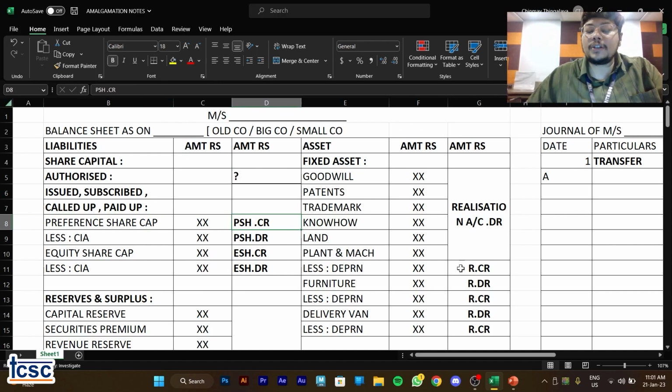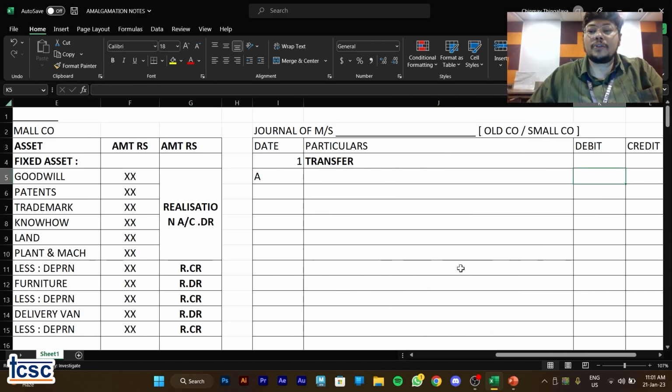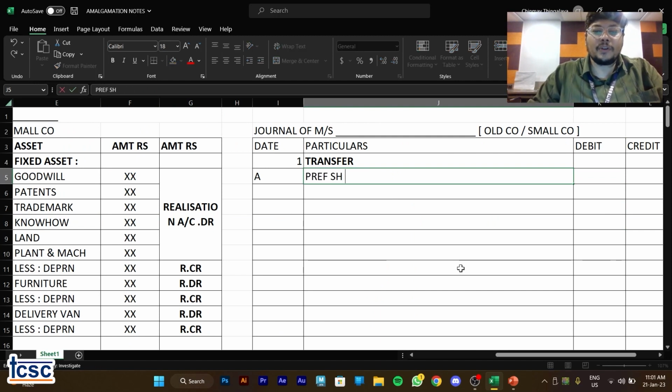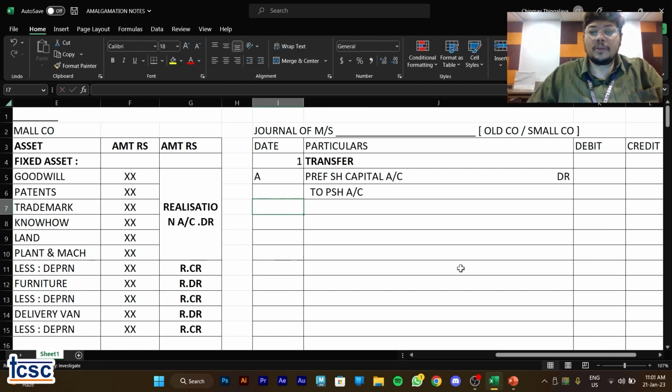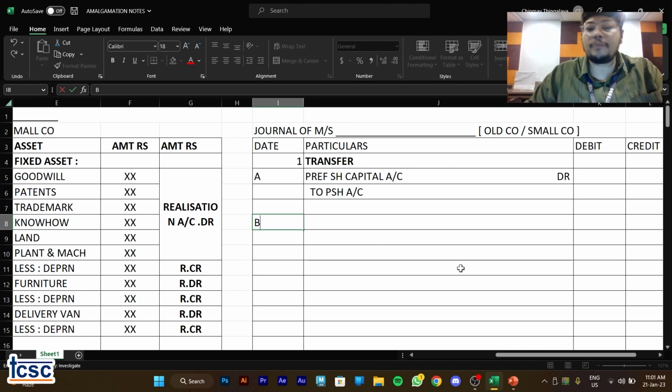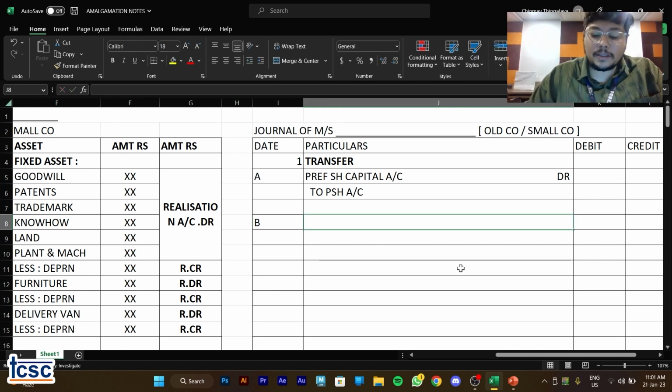So here it is PSH account credit, so debit will be my capital. So the journal entry will be preference share capital account debit to PSH account. This will be the first journal entry if preference share capital is given in the sum.